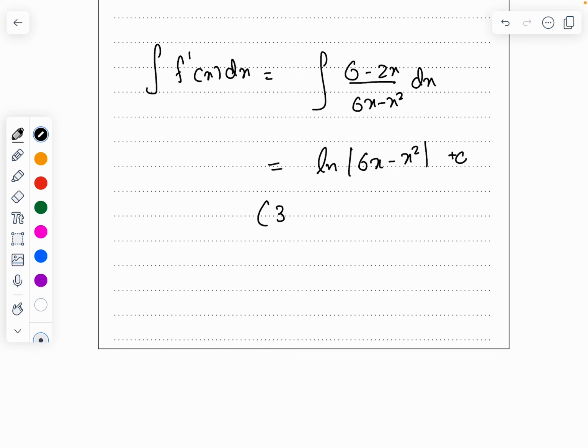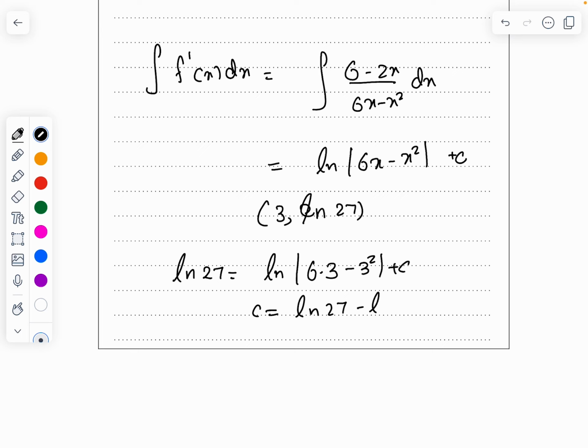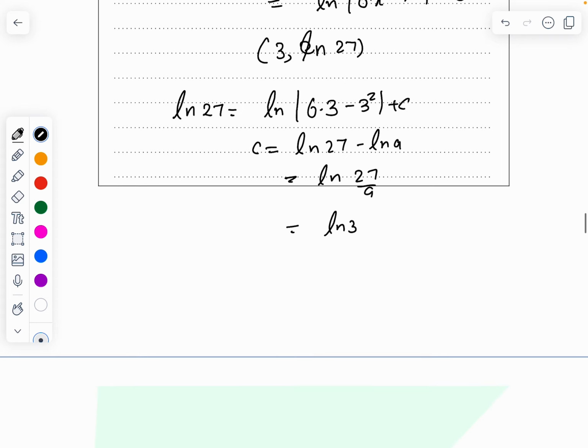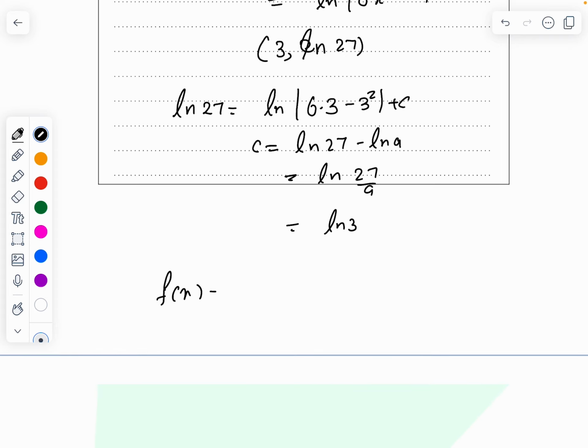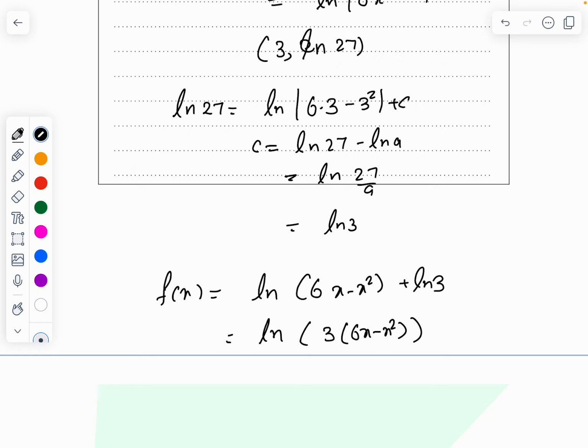So substituting 3 comma ln 27: ln 27 equals ln of 6 times 3 minus 3 square, plus c. This gives me the value of c as ln 27 minus ln 9, which is ln 27 upon 9, which is ln 3. Therefore, f of x will become ln of 6x minus x square plus ln 3, which is ln of 3 times 6x minus x square. That's going to be the answer.